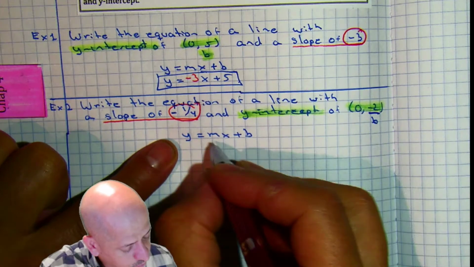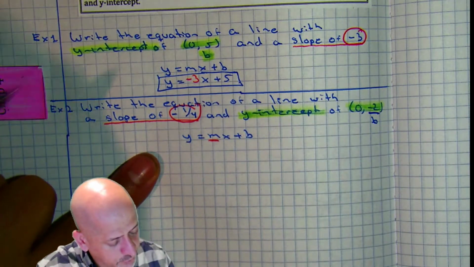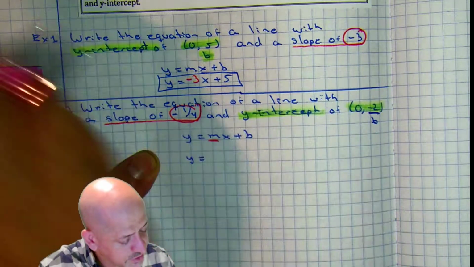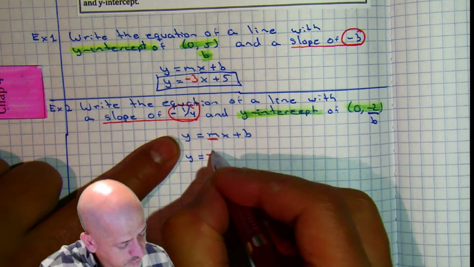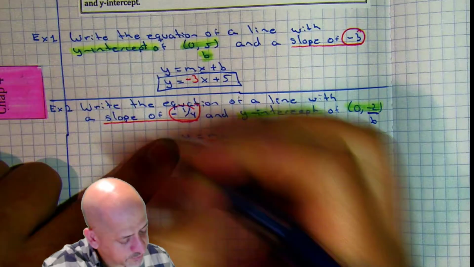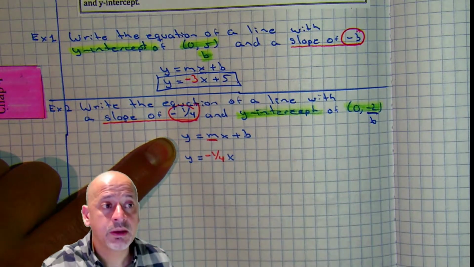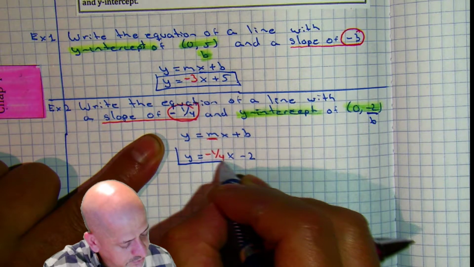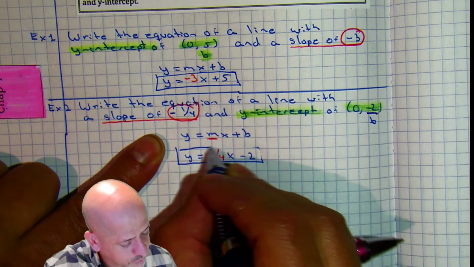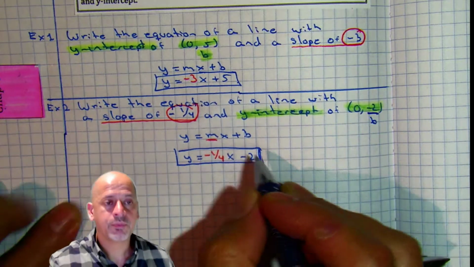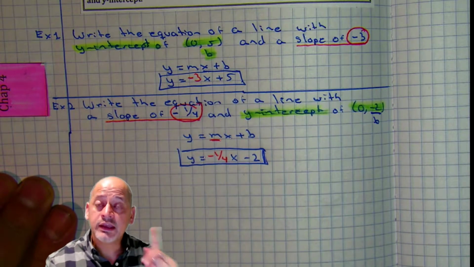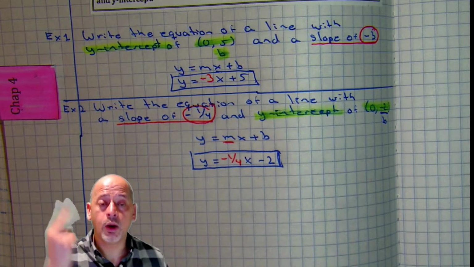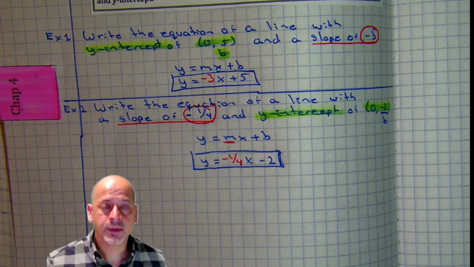So my slope is -1/4, and that will give me y equals -1/4 x plus b, where your b is -2. And that's it. That is all that we're doing today. But as long as they give you two things, your slope and your y-intercept.